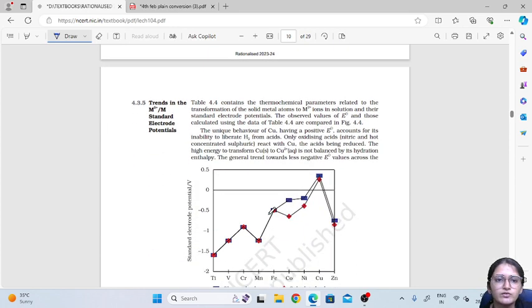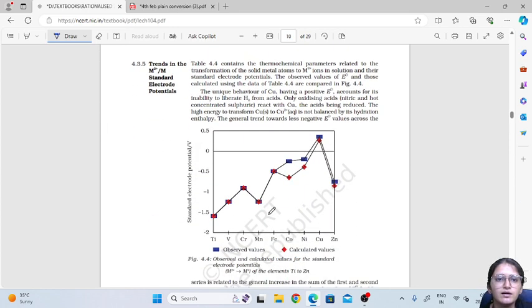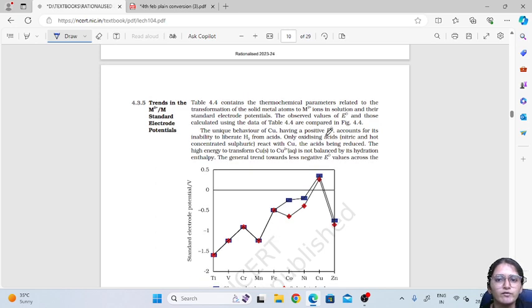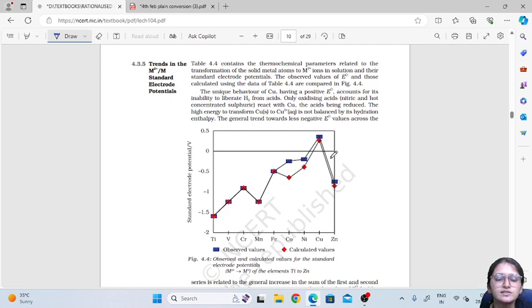Then next is about trends in M2+ to M standard electrode potential. Now the unique behavior of copper having a positive E0 value accounts for its inability to liberate H2 from acids. Now here we have to see the tendency of this metal to behave as a reducing agent or oxidizing agent based on their values.